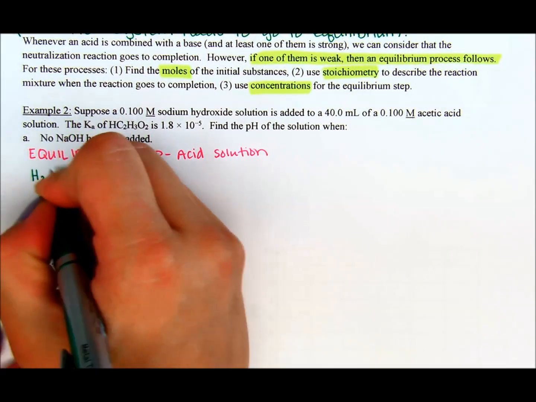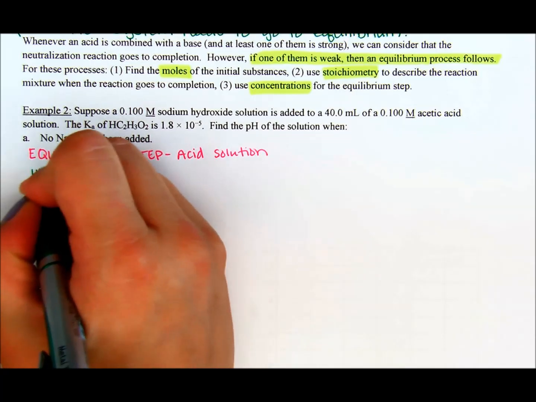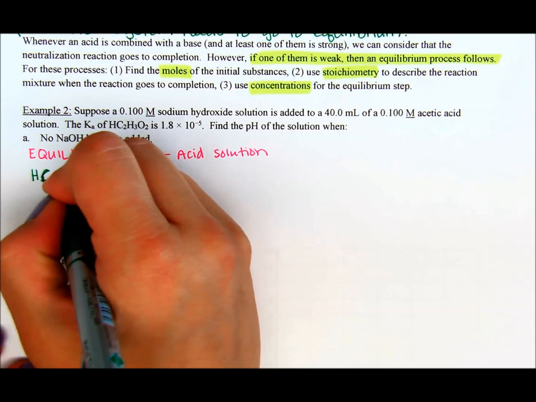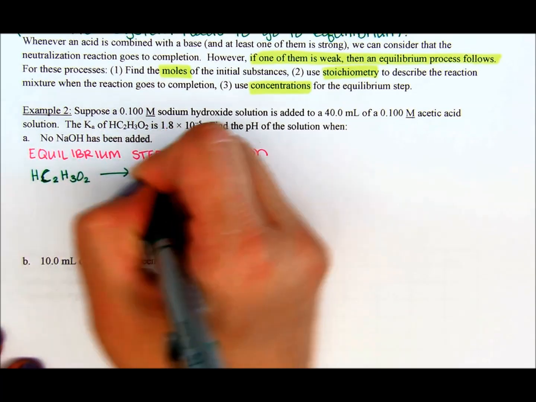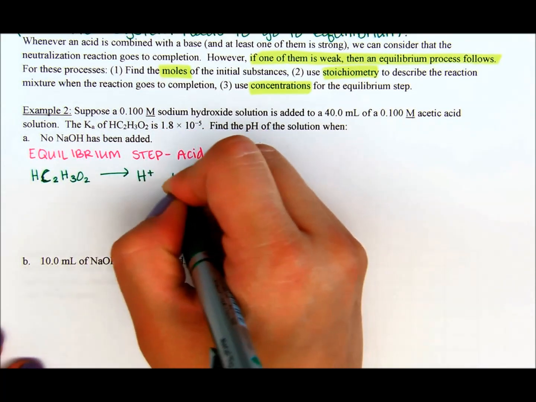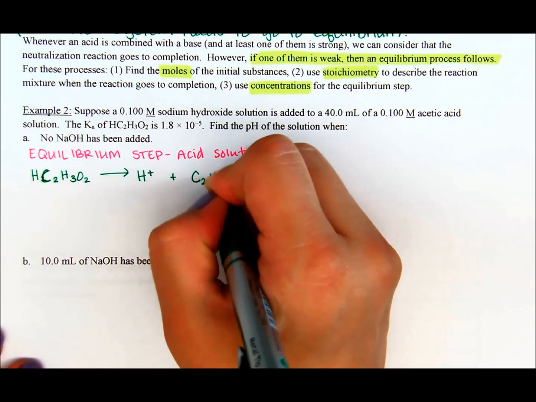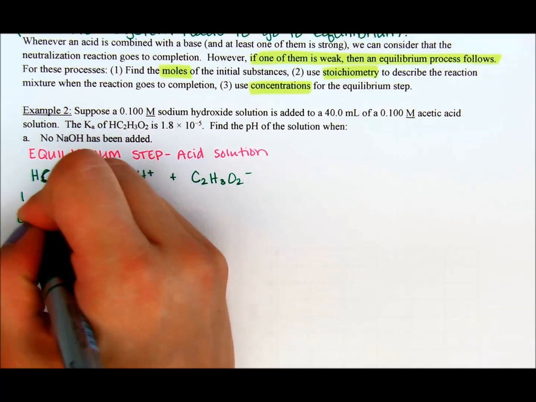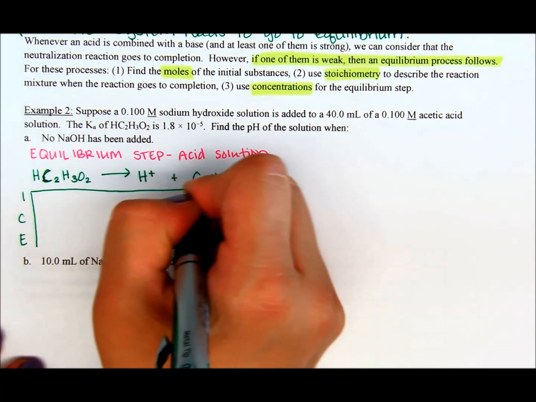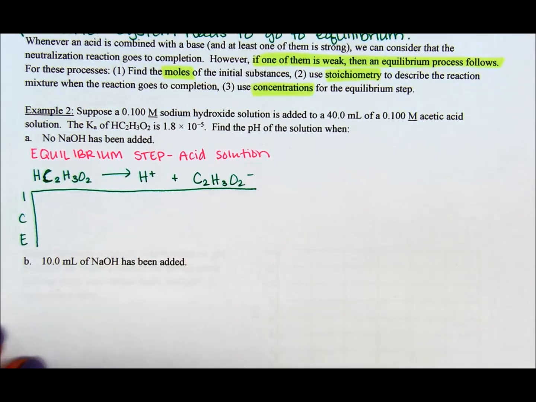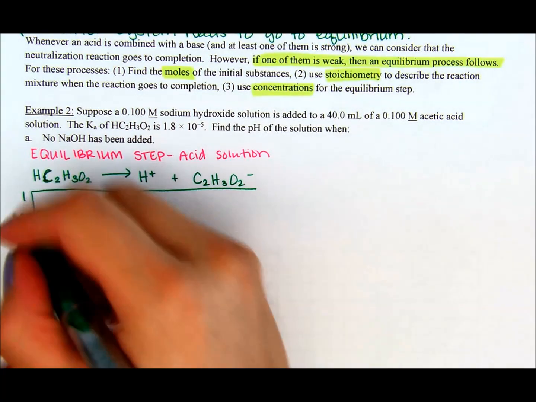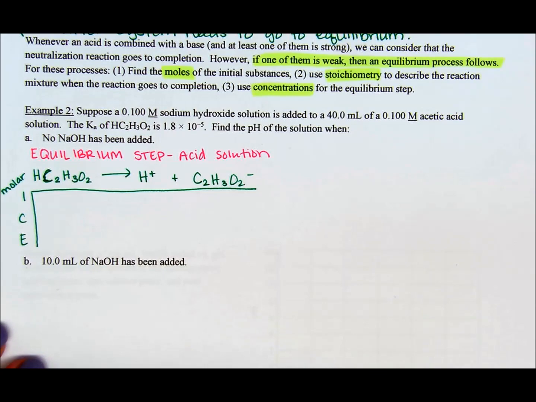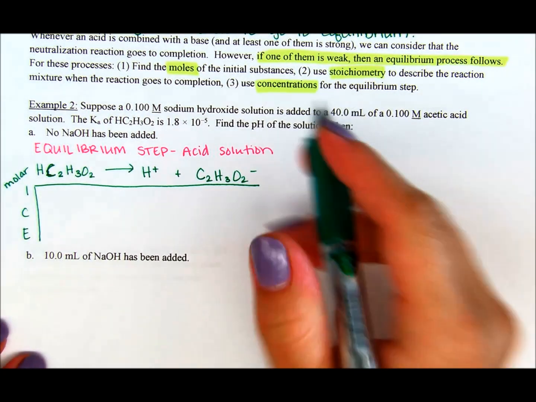So I have my acetic acid, HC2H3O2, dissociates into hydrogen ions plus acetate. Go ahead and make your ICE table. Okay, so these are molar concentrations, so I'm going to write molar here just so we know we're not talking about moles, we're talking about moles per liter.